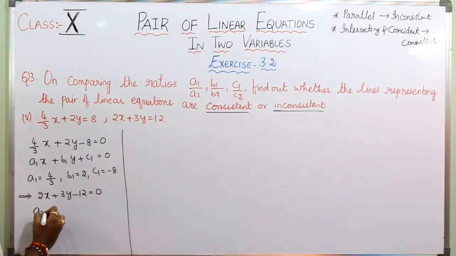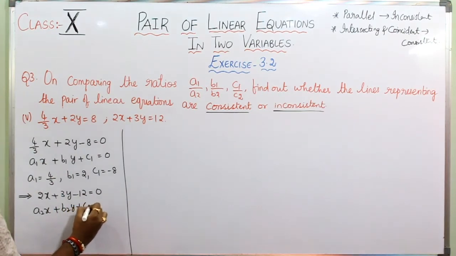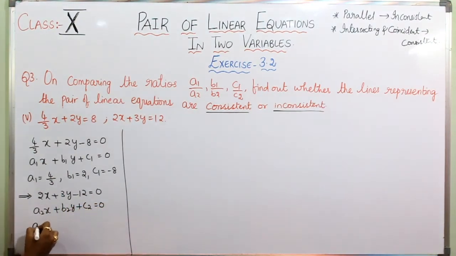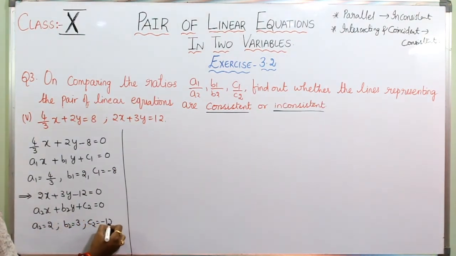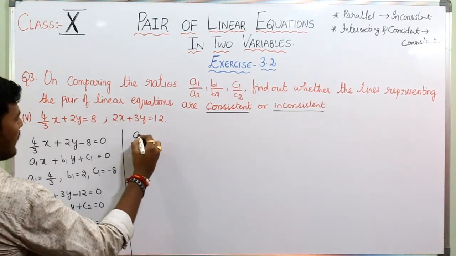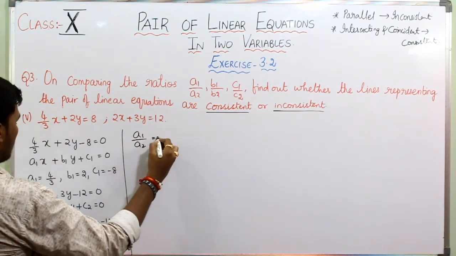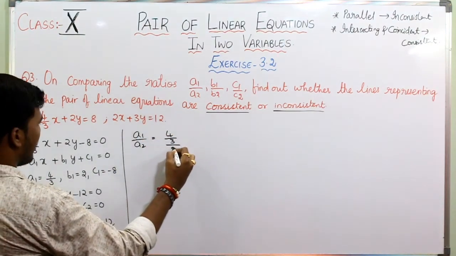Compare it with a2x plus b2y plus c2 is equals to 0. So we will get a2 as 2, b2 as 3 as well as c2 as minus 12. Now check a1 by a2, which is nothing but 4 by 3 by 2.